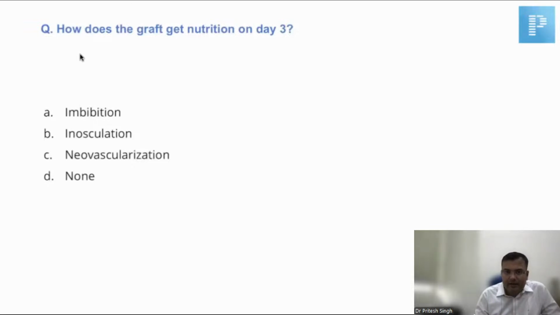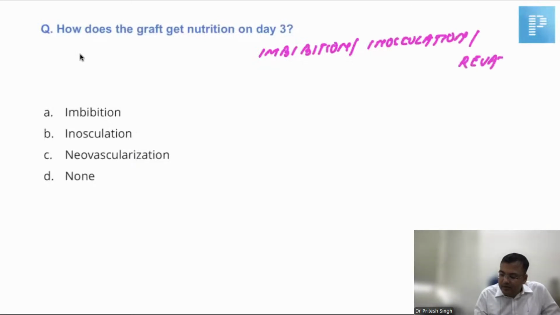How does graft get nutrition on day 3? Guys, see, there are 3 phases of grafting. One is imbibition, second is inosculation, and third is revascularization. Clear? So usually for the first 72 hours, imbibition occurs. 4th to 5th day, inosculation occurs.